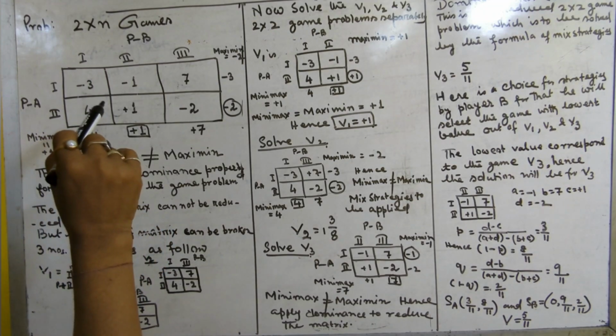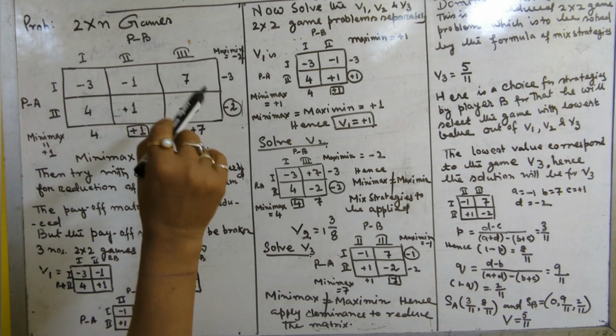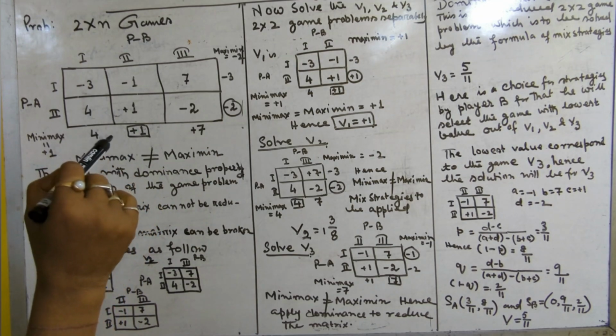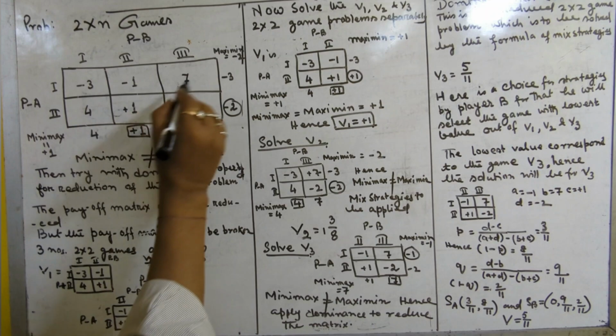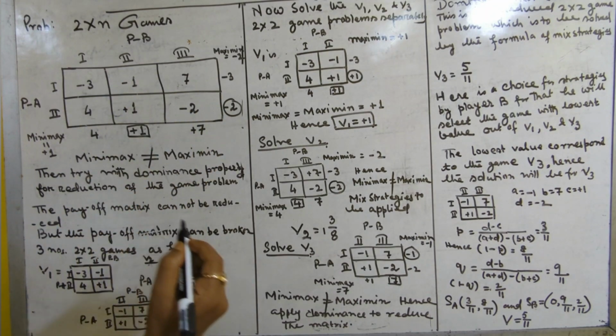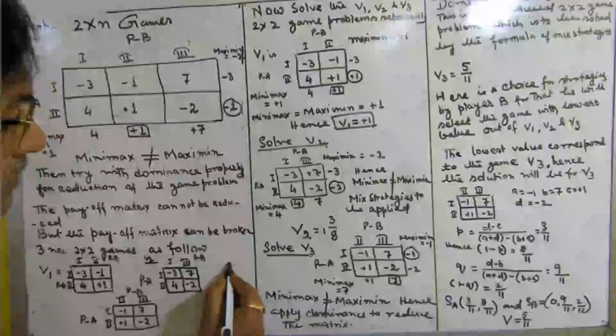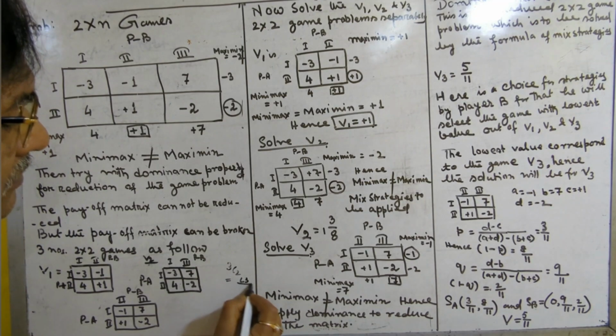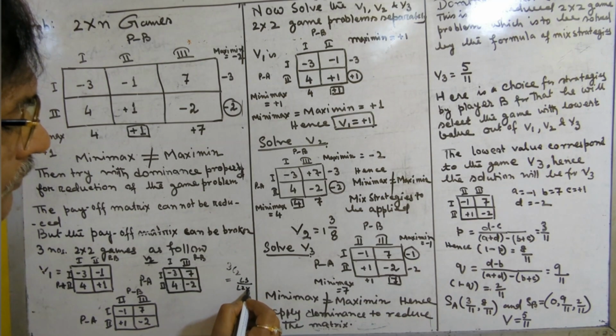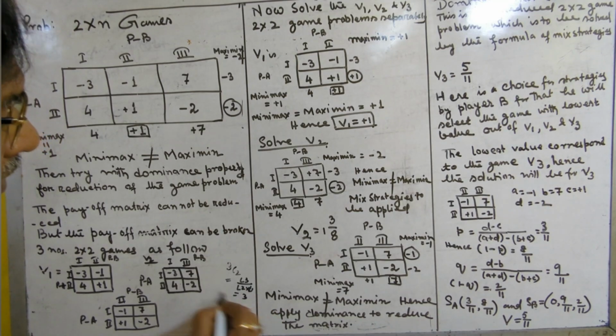Now we are taking V1, V2, V3, 3 problems, because out of 3 columns, 2 can be selected in 3C2 ways, that is factorial 3 over factorial 2 into factorial 1, which is 3.